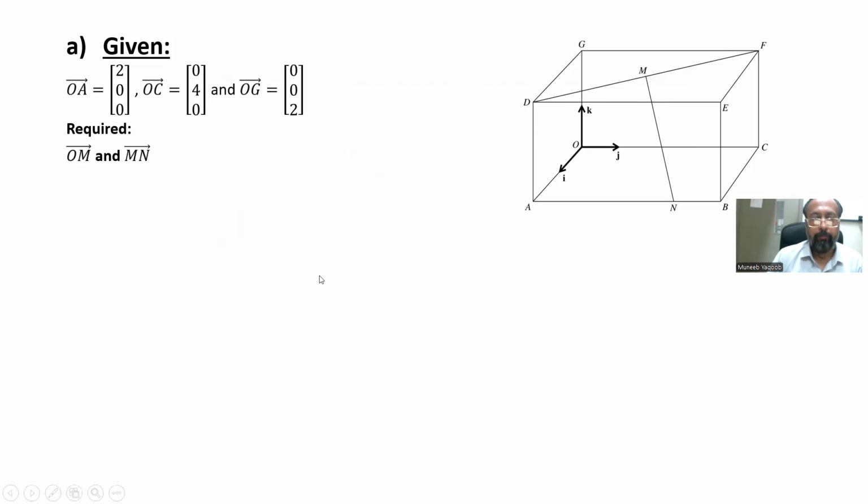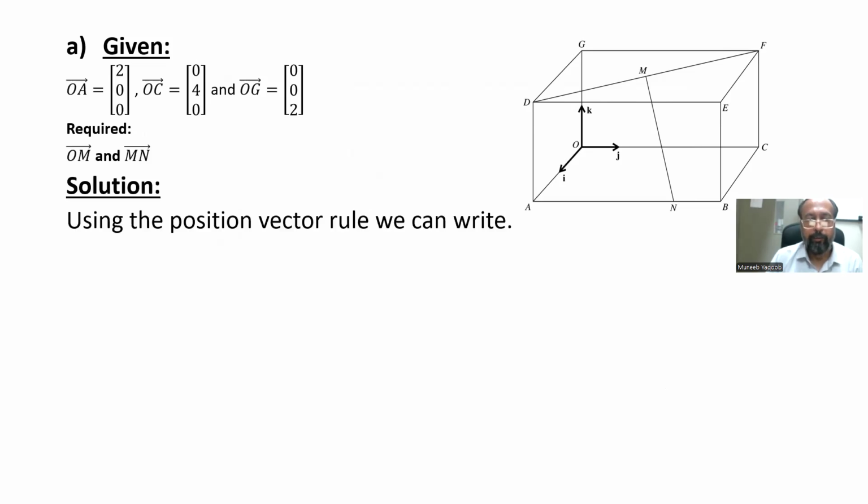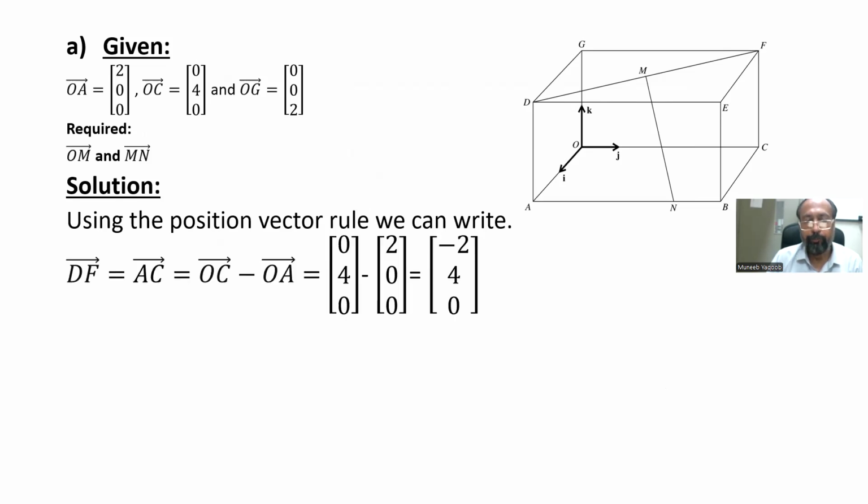So how can we proceed in this question? We are to calculate two position vectors: one is the position vector OM and the other is the position vector MN. In the solution, first of all, we will apply the position vector rule.